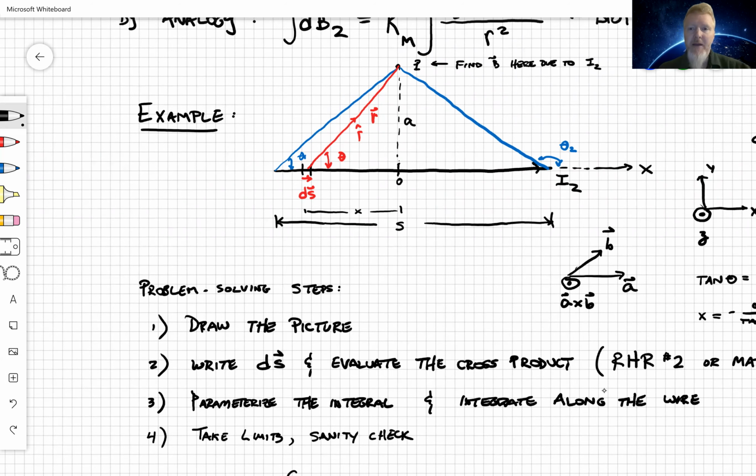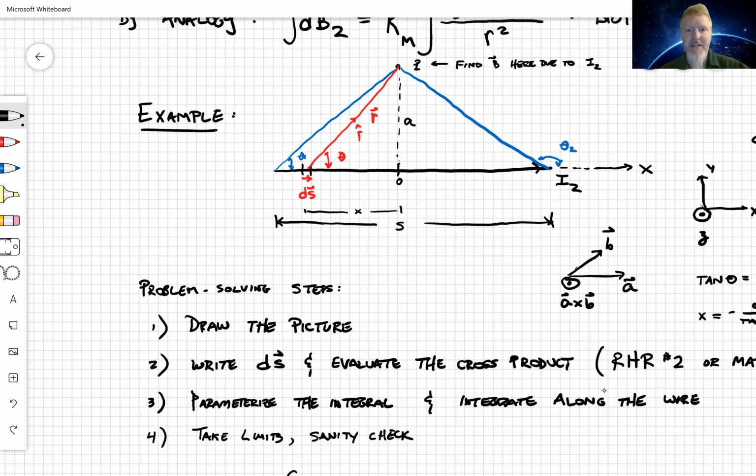Well, you've got to come down here and look at what happens to the angles, right? So I had a difference in cosines of angles. So what's going to happen to theta 1 and theta 2 as one side goes to minus infinity and the other side goes to positive infinity? I think you can imagine that as the wire stretches to become infinitely long, both of these things are going to become basically flat.